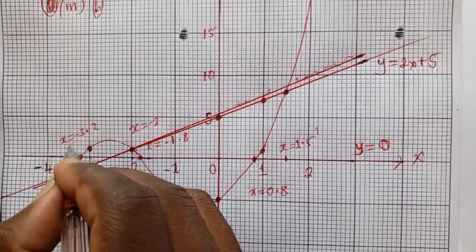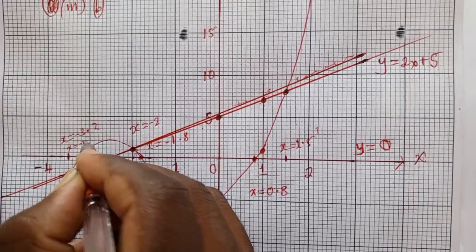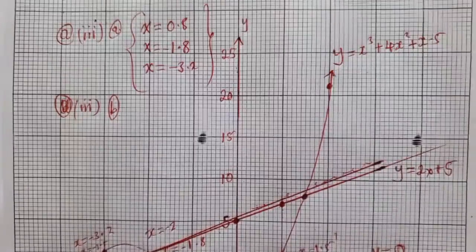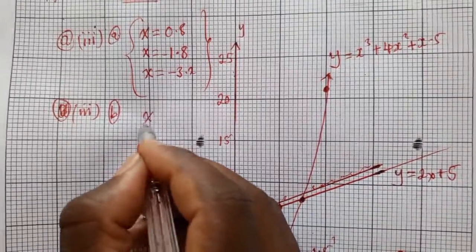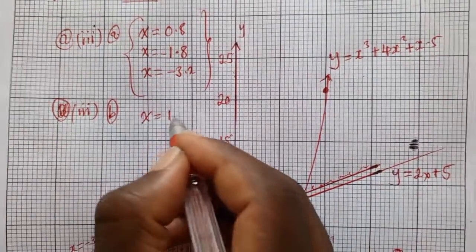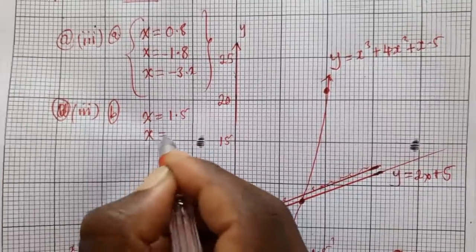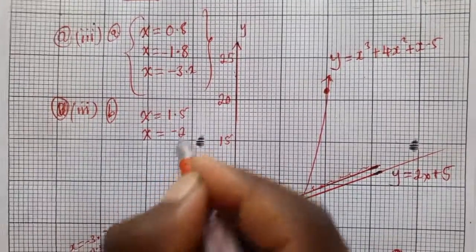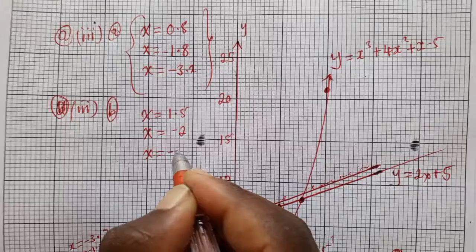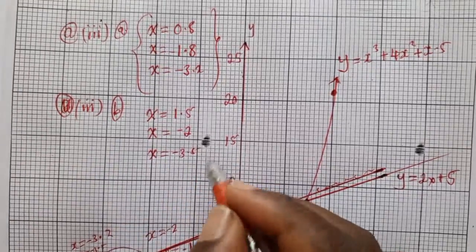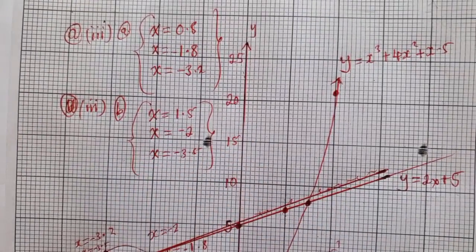So this is negative 3.5. So I've got 3 solutions. I'll write them here. X is equal to 1.5. X is equal to negative 2. X is equal to negative 3.5. So these are the 3 solutions.